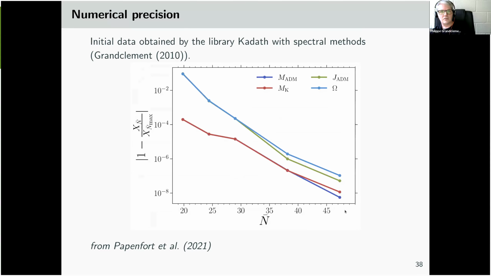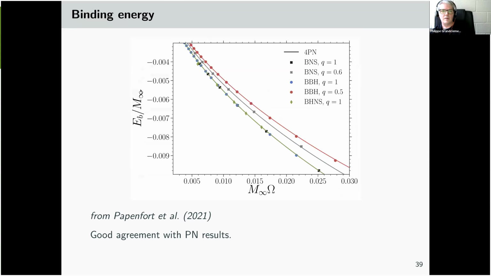Some results. Okay, so one of the important facts is that for the first case, if you use all these settings, you do have results that match very well with post-Newtonian results. So it's a very strong indication that the initial data generated like that are going to be relatively good.